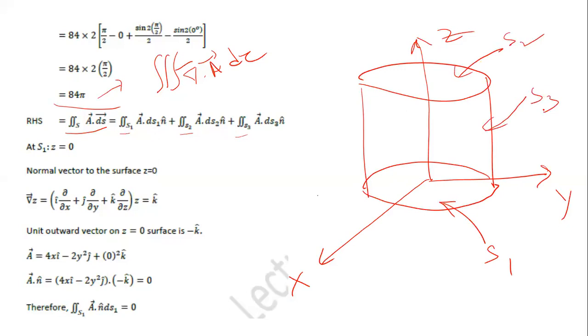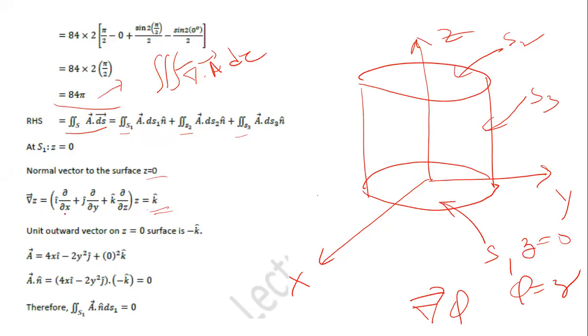If you look at S1, the equation of the surface is z equal to 0, right? So your phi is z. You can find the normal to the surface using grad phi. Grad phi is the normal to the surface. So you just take the grad of that z, and this will be equal to k cap, because k cap into k cap is 1.